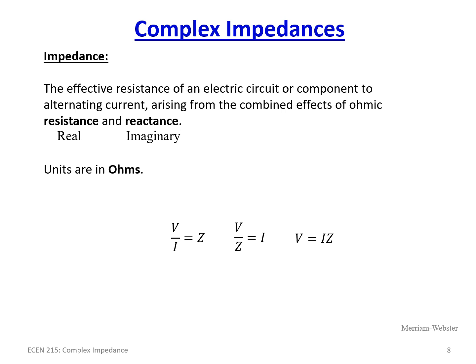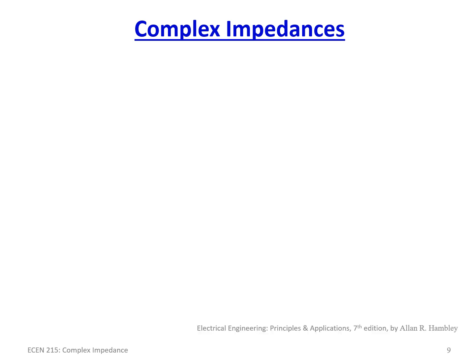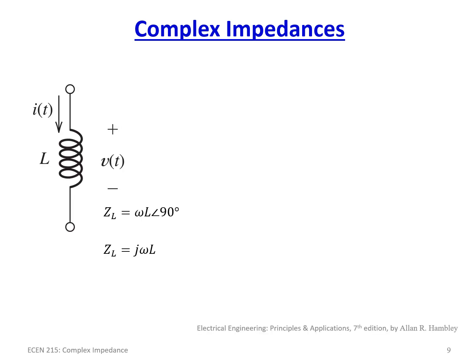The advantage of this is all of the mathematics, all of the analysis methods that you have previously learned; the only thing that we're changing is using complex values to do the analysis. Now looking at an inductor, we know that Z of L, the impedance of an inductor, is simply equal to j omega L, or omega L shifted 90 degrees.